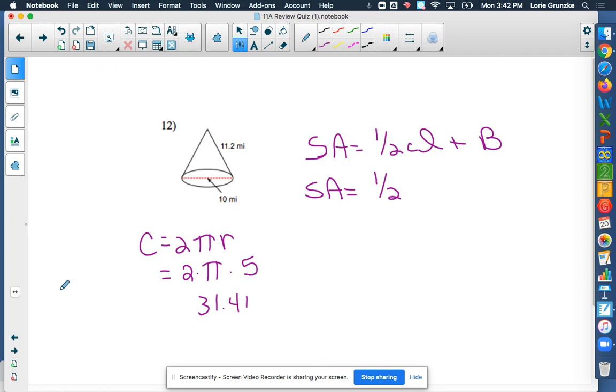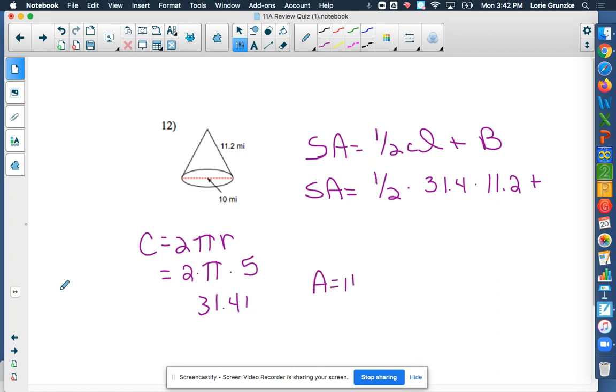So 10 times pi, you'd get 31.4159 and so on. Now, even though I'm going to write 31.4, I'm going to leave that large number in my calculator, and I'm going to be using the bigger number. And then I have to take that times slant height of 11.2 plus the area of the base.